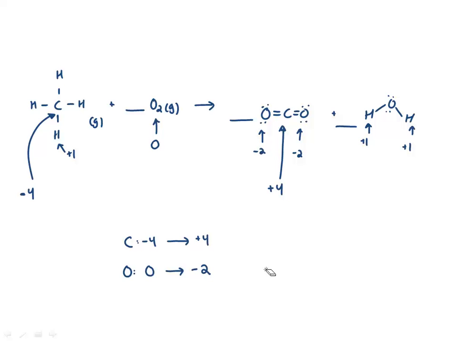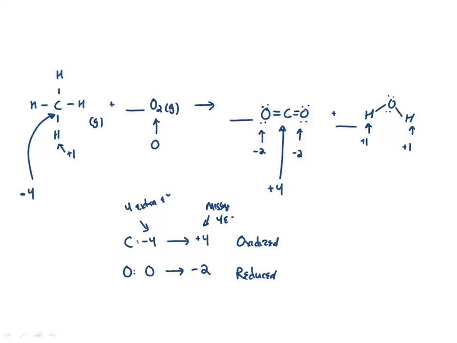I have a tough time thinking about it this way. I think about it another way. Carbon, oh no, carbon was oxidized. And this was reduced. See, this is 4 extra electrons. This is missing 4 electrons, right?